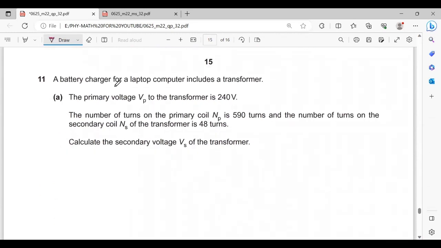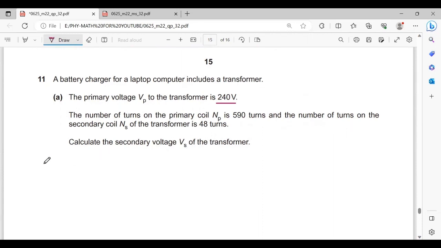A battery charger for a laptop computer includes a transformer. The primary voltage Vp to the transformer is 240 volts. The number of turns on the primary coil Np is 590 turns, and the number of turns on the secondary coil Ns of the transformer is 48 turns. Calculate the secondary voltage of the transformer.